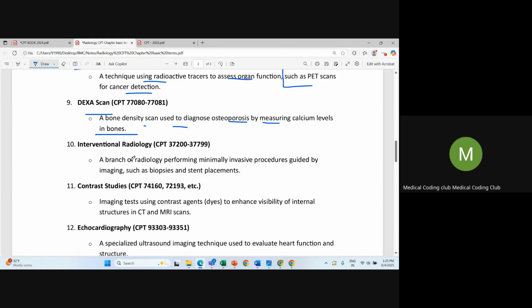So it's a branch of radiology performing minimally invasive procedures guided by imaging, such as biopsies and stent placement. If you have heard of IVR, this specialty has really good scope. Anyone working in IVR will know about this. In future, just know that in medical coding we do have IVR specialty coding.